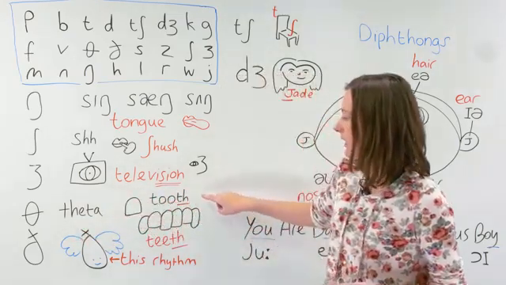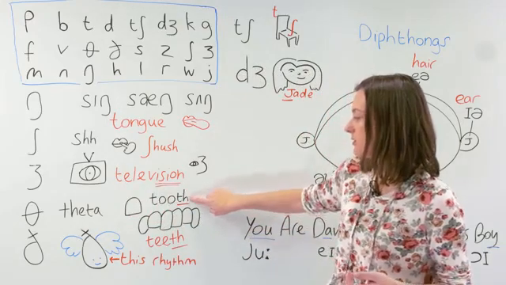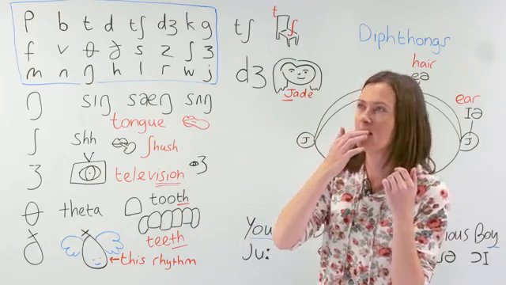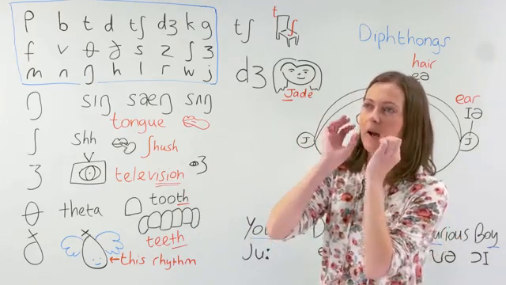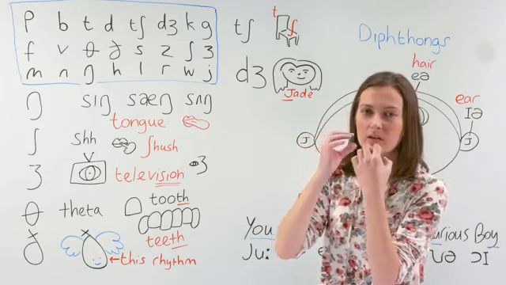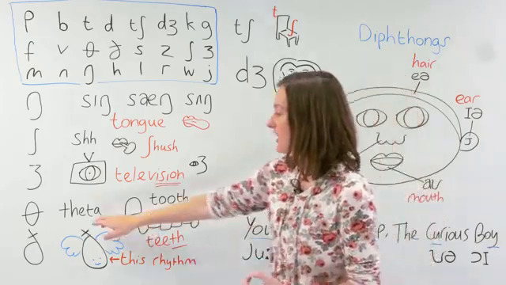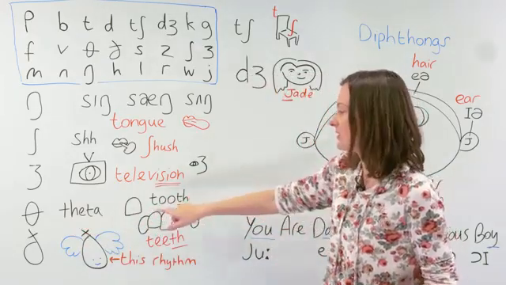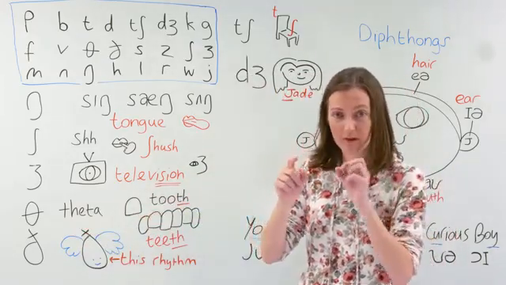It's also in the word tooth. When we make this sound, our tongue is next to our teeth, and as we release air, we get the theta sound. So what helps me remember is to visualize the shape of a tooth.